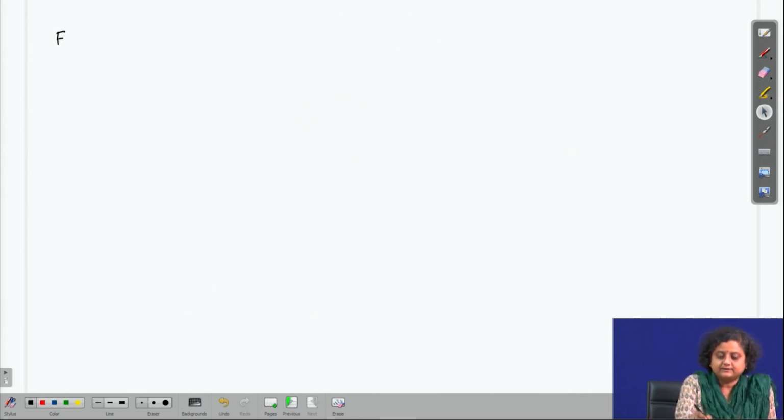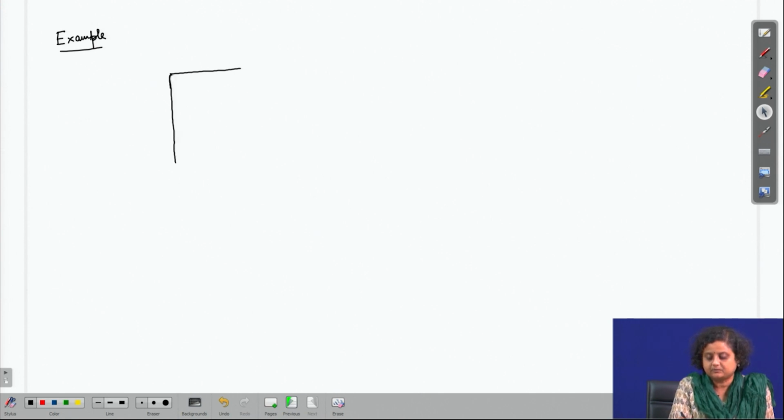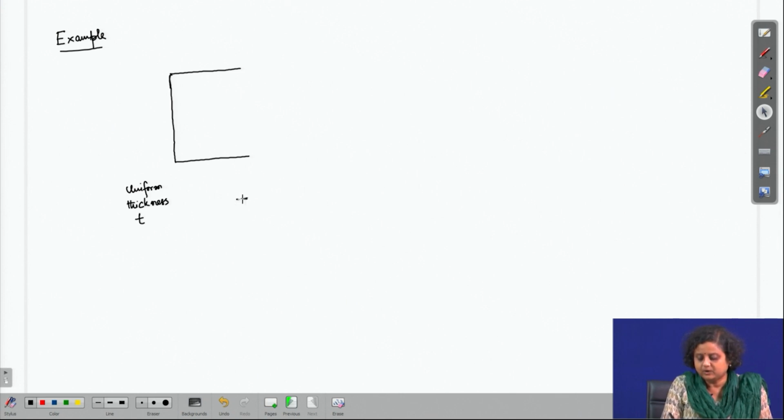Let us take this example where we have a symmetric C section, with uniform thickness T. So, this is a thin walled C section. This is an open cross section, of course. So, this is a thin walled C section of a beam.